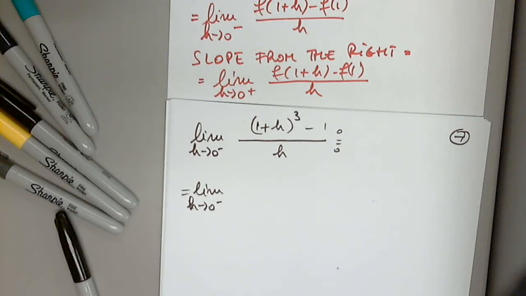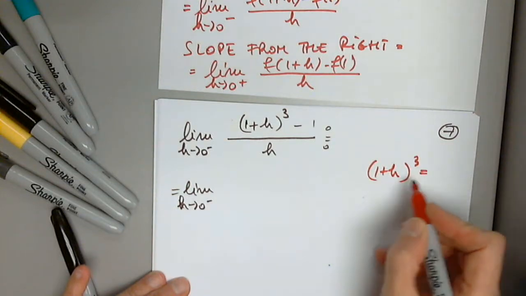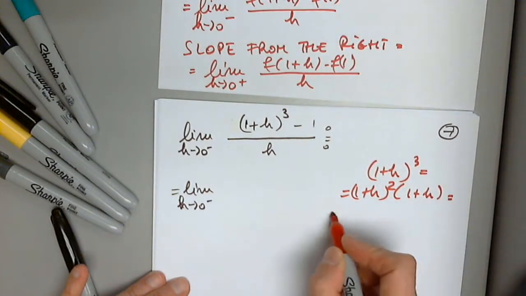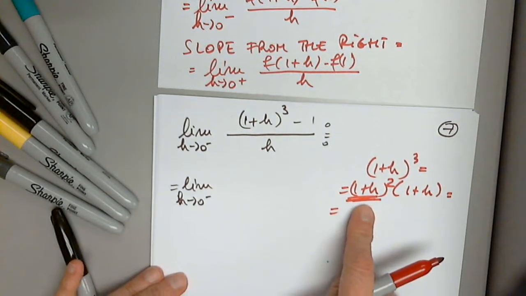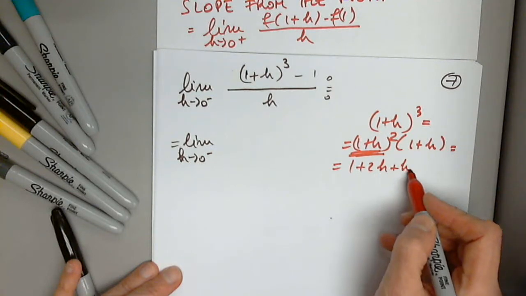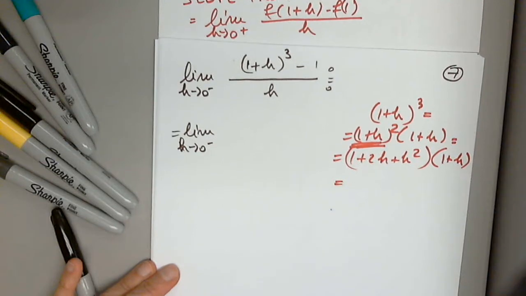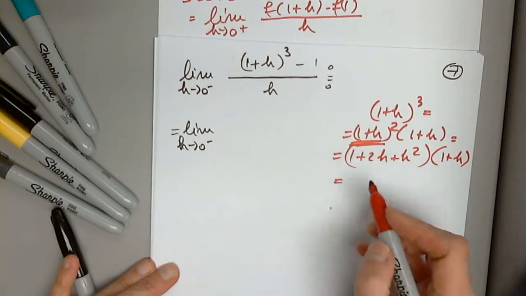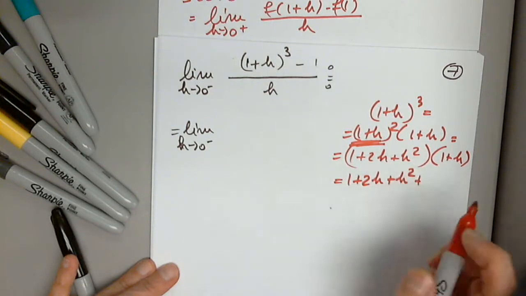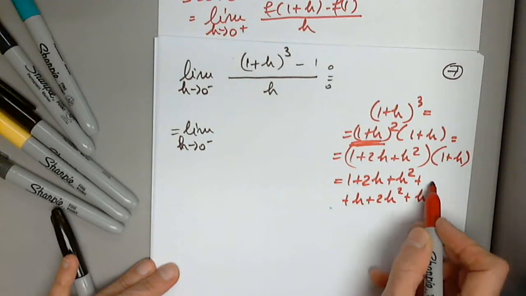Can we cube that? Yes. That's fine. So 1 plus h to the third is 1 plus h squared times 1 plus h. And this I have to know from the very first day of classes. So this is 1 plus 2h plus h squared, and this is 1 plus h. And now I will distribute 1 to these three terms, and then h to these three terms, plus h plus 2h squared plus h cubed.